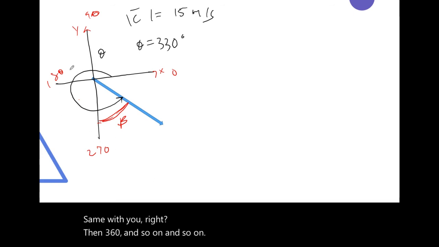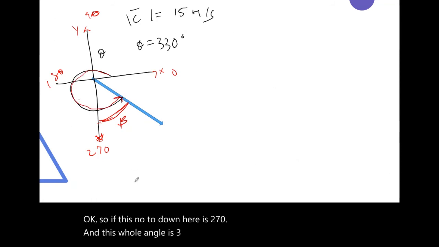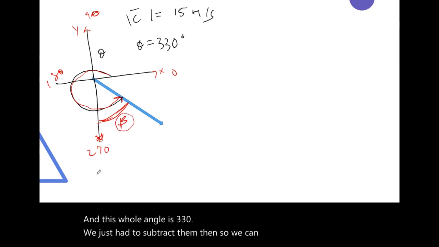Okay, so if down here is 270, and this whole angle is 330, we just have to subtract them so we can solve for beta. It's not bad.